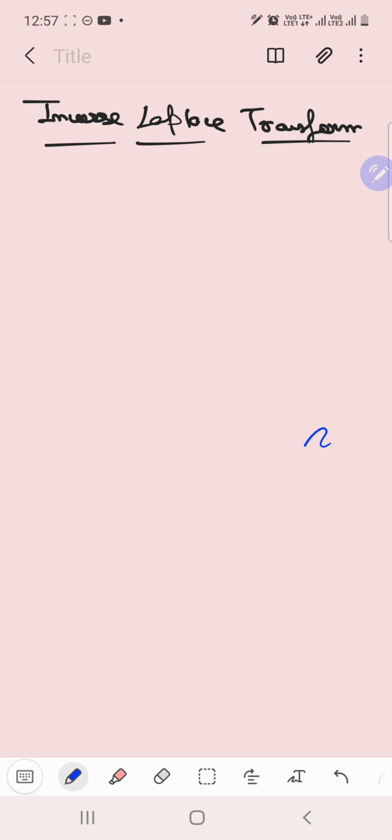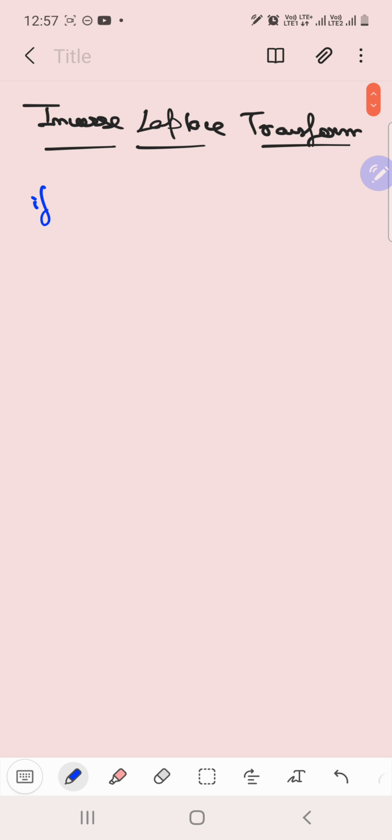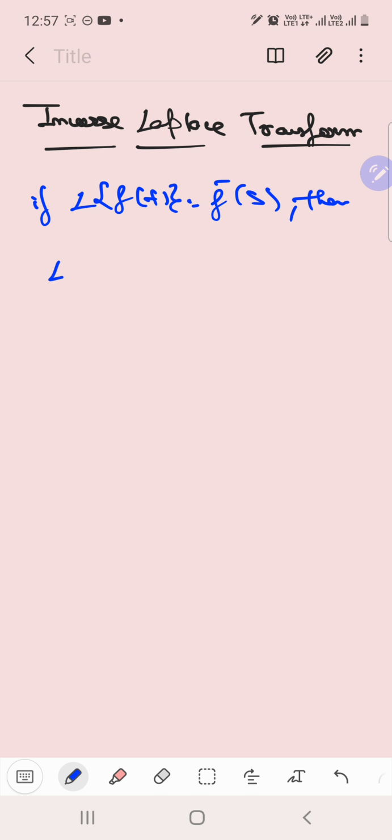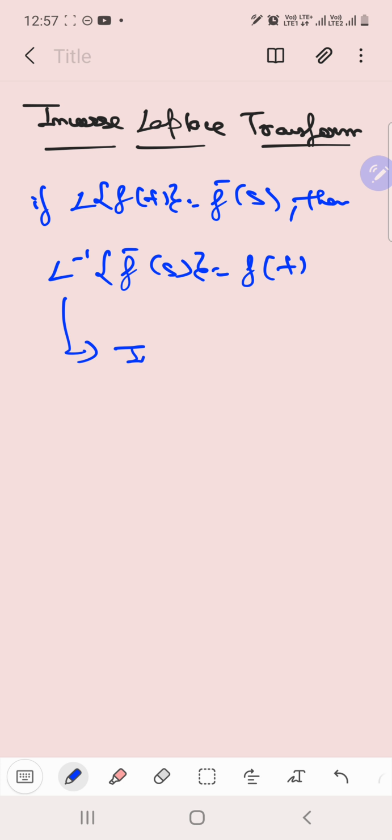If L of f(t) is given as f bar(s), then L inverse of f bar(s) is given as f(t). This inverse function of Laplace transform is nothing but the inverse Laplace transform. It is this simple.